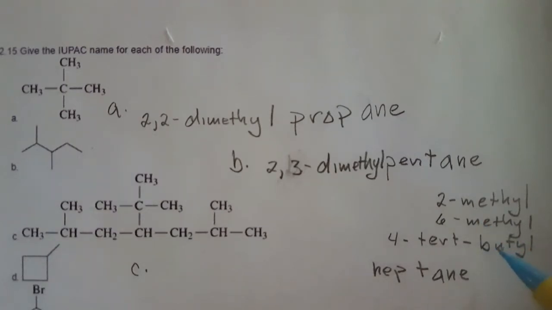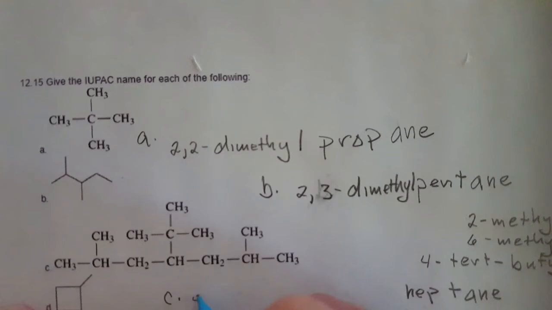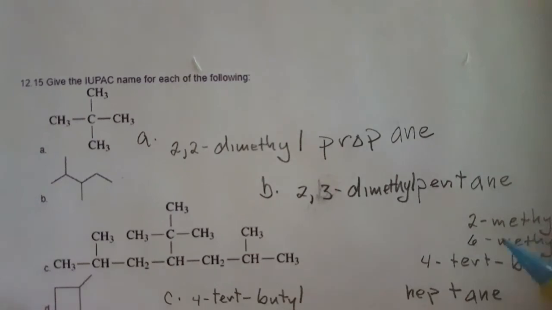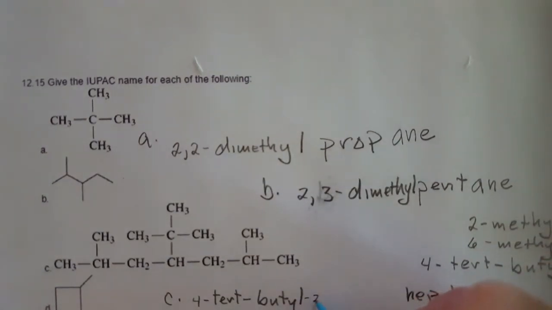B comes before M, so this comes first. Why don't we use the tert? Tert really doesn't describe the molecule, just its composition. Butyl is really the name of this substituent group. This gives the orientation. So this goes first. 4-tert-butyl. We got 2 methyls, so that's going to be 2,6-dimethyl.